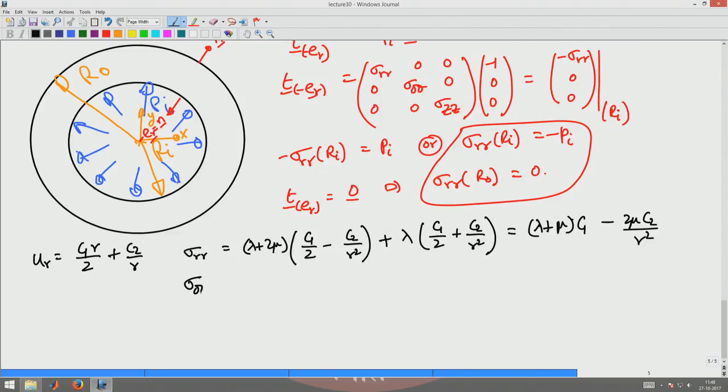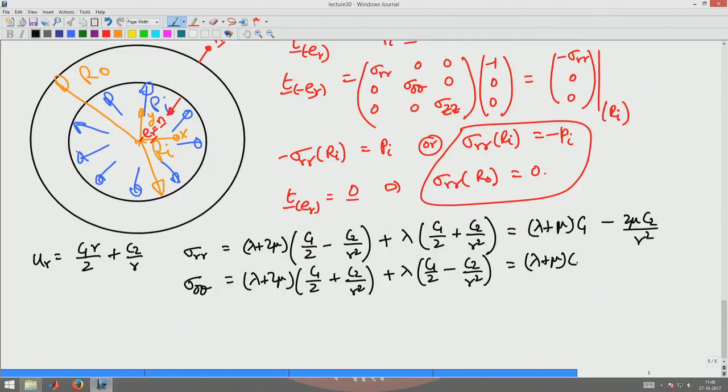Similarly, the expression for sigma theta theta becomes (lambda plus 2 mu) times (C1 by 2 plus C2 by r squared) plus lambda times (C1 by 2 minus C2 by r squared), which can be written as (lambda plus mu) C1 plus 2 mu C2 by r squared.